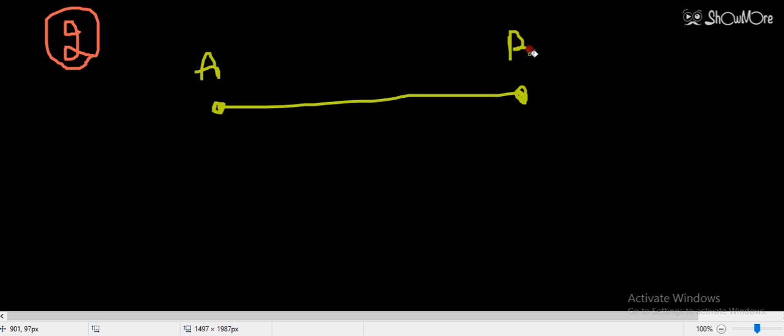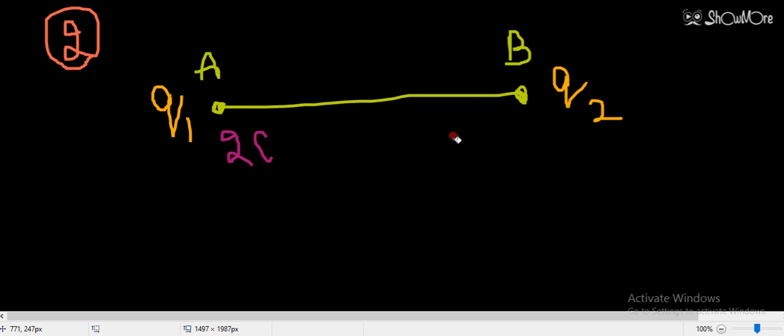Now according to the given question, the charge which is placed at A, let's suppose it is equal to Q1, and this is equal to Q2. Now what is he asking? Let's suppose this value is given as 2 coulomb, and this value is given as minus 4 coulomb.